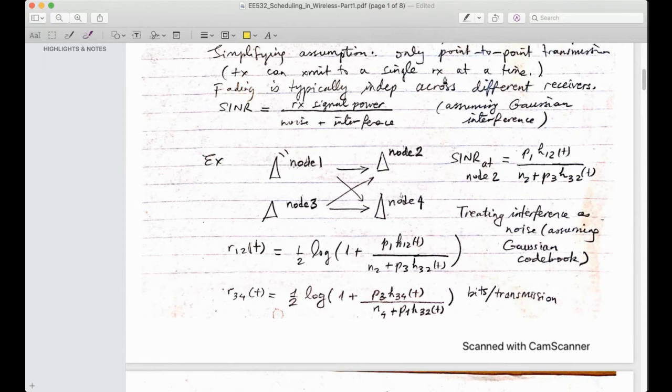Of course, those of you who have taken advanced communication courses know that it is possible to design a multiple access channel, use a multi-user code where multiple users can receive information at the same time.